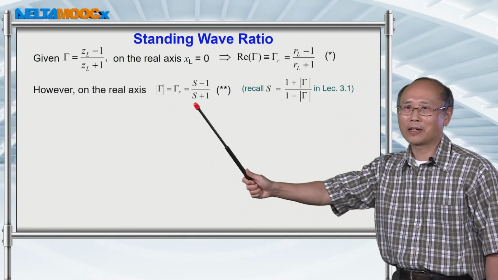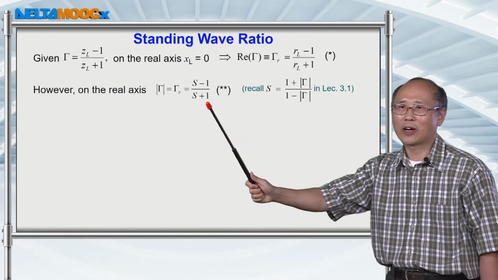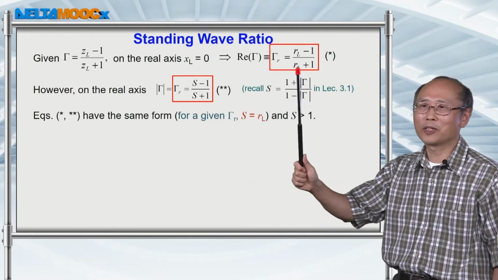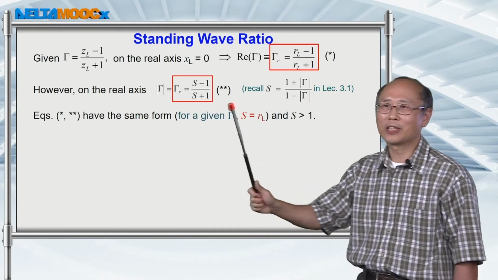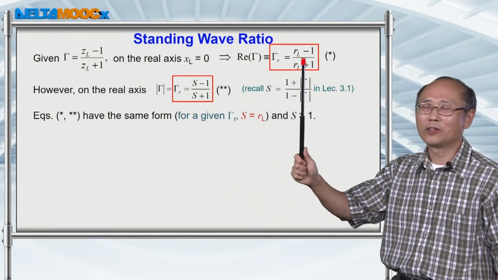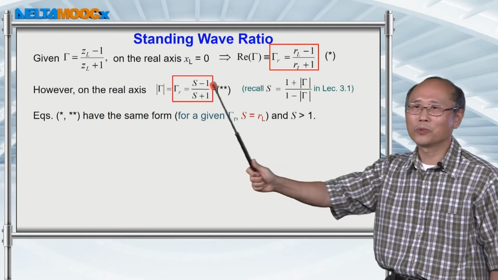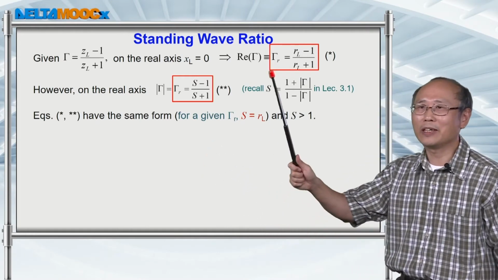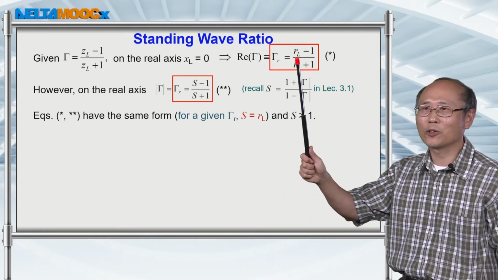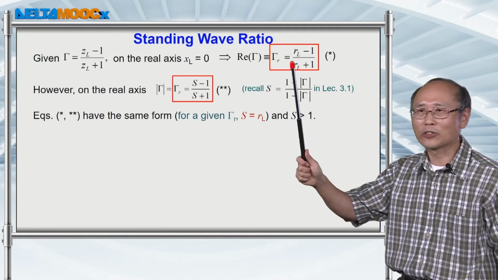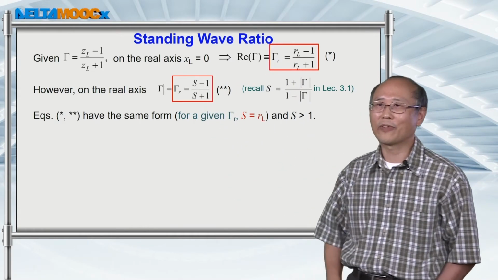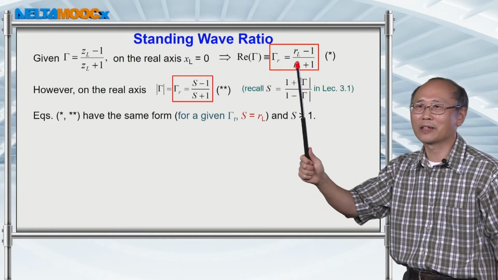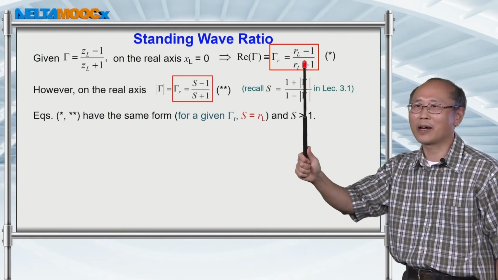And it turns out that when you work out this gamma as a function of the standing wave ratio, you find that this is similar to this one. In fact, they have the same form, except that in this expression, you replace this R_L with this S. So this means that on the real axis, if you can read R_L from the standing wave ratio circle, then you can determine the S value, because the formulas are the same, except that S is replaced by R_L.